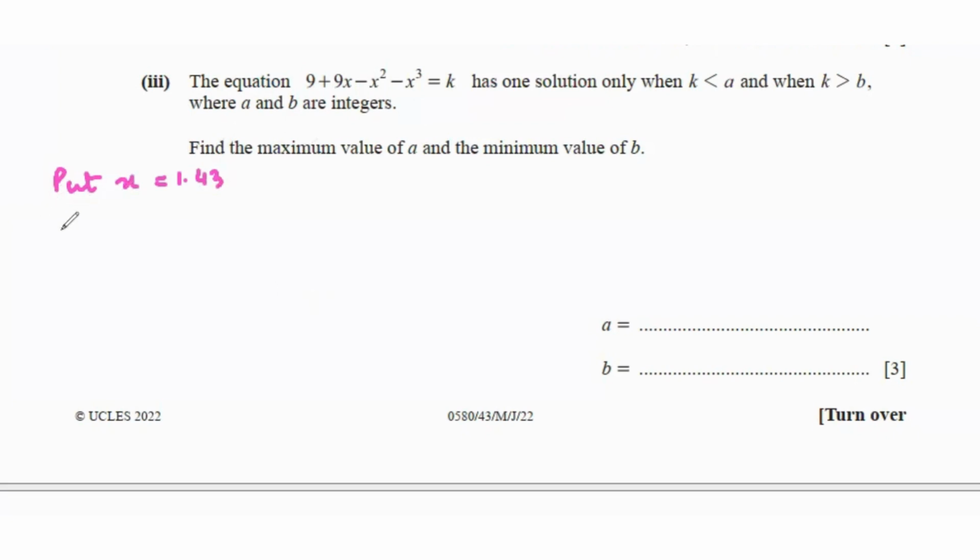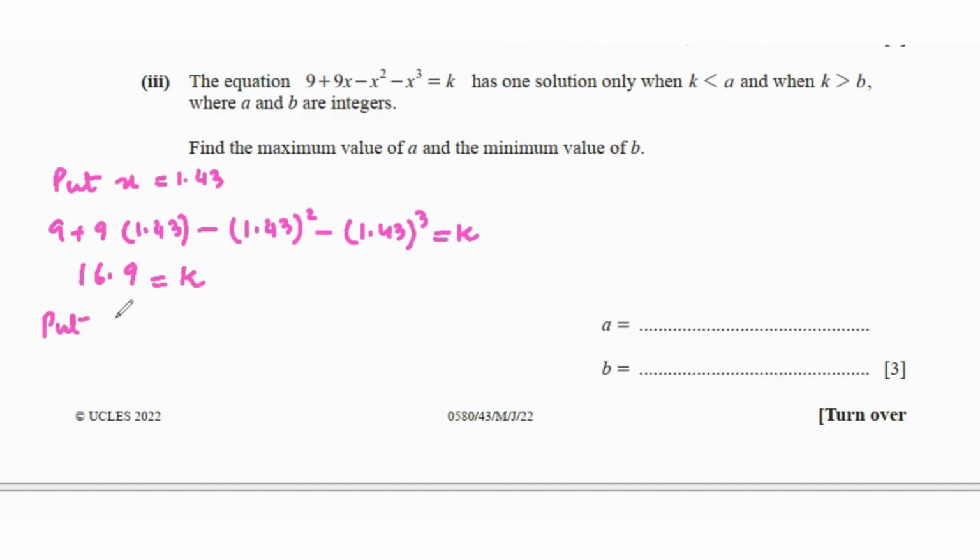in the equation. So 9 plus 9 times 1.43 minus 1.43 squared minus 1.43 cubed equals k. So one value is 16.9. Then we put x, we put negative 2.01 in the equation.